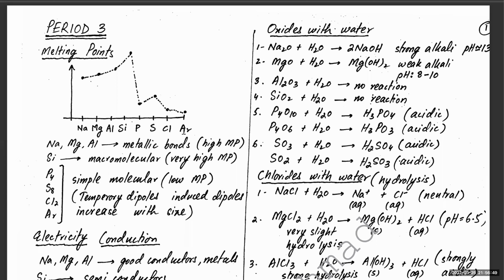So chlorine and argon, they don't usually have oxides. They're simple molecules, they're just tiny molecules. SO2 है जिस तरह, that's a small molecule. ये पहले चार के giant structures.